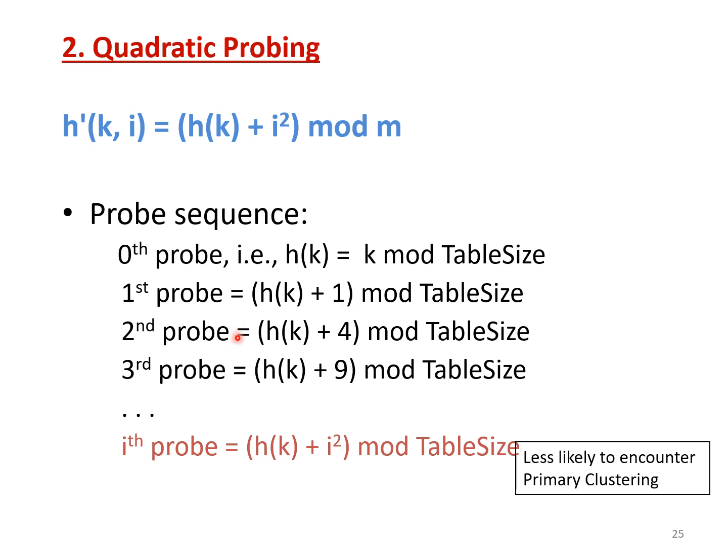For the second probe, we add h of k plus 2 squared, that is 4. Similarly, for the third probe, we add h of k plus 3 squared, that is 9. In general, for the ith probe, i squared is added to h of k to calculate the index for the key value in the hash table. Here, quadratic probing is less likely to encounter the primary clustering problem.